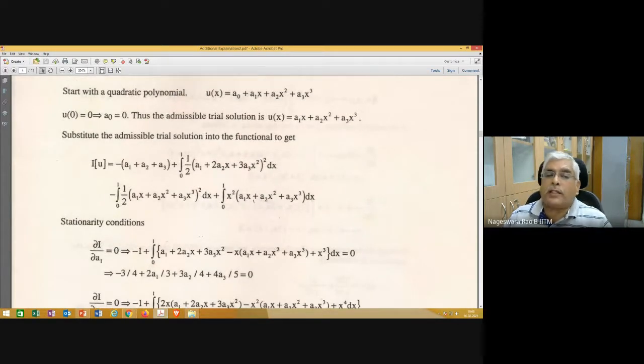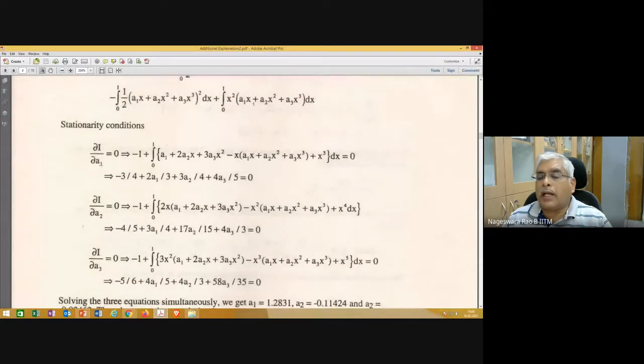For the cubic trial solution in this particular problem, it turns out that the equivalent functional is a function of three unknown coefficients. To determine them, you apply stationarity conditions and get three equations in three unknowns.